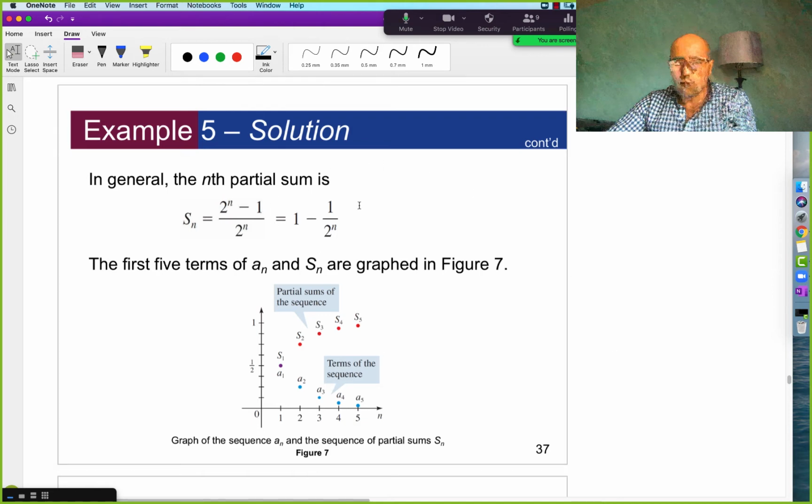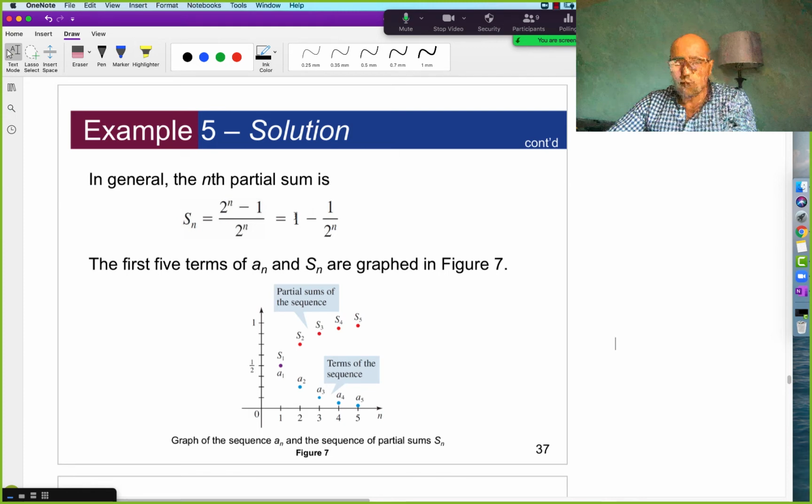Particularly when we see it in this notation, we can see what's going to happen in the long run. Right? As n gets bigger and bigger, this denominator is going to get bigger and bigger, right? So 2 to the 8th power, 2 to the 16th power, 2 to the 20th power, 2 to the 100th power. This denominator gets huge. 1 over a very large number becomes a very, very small number, right?